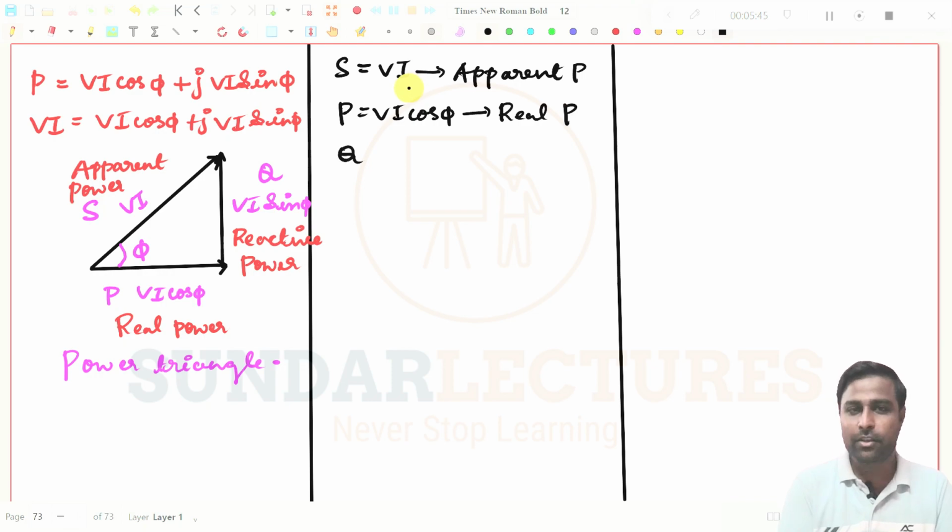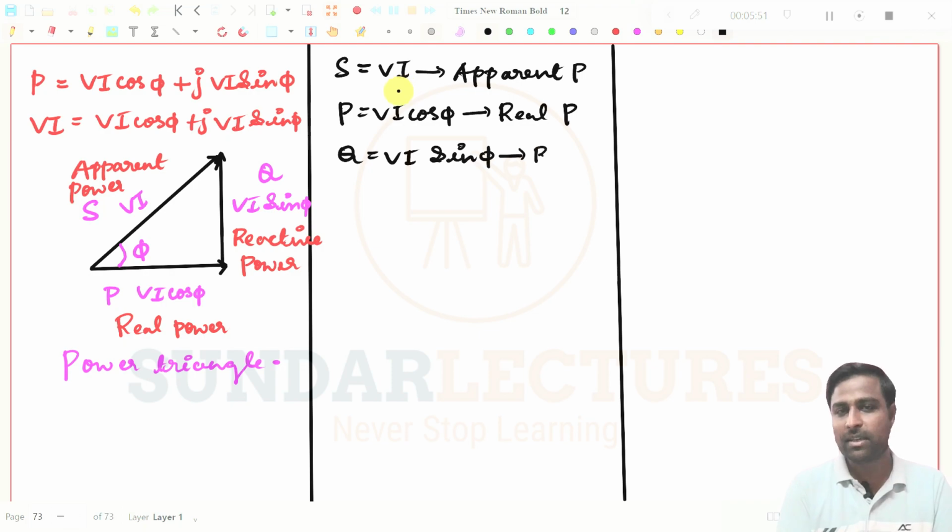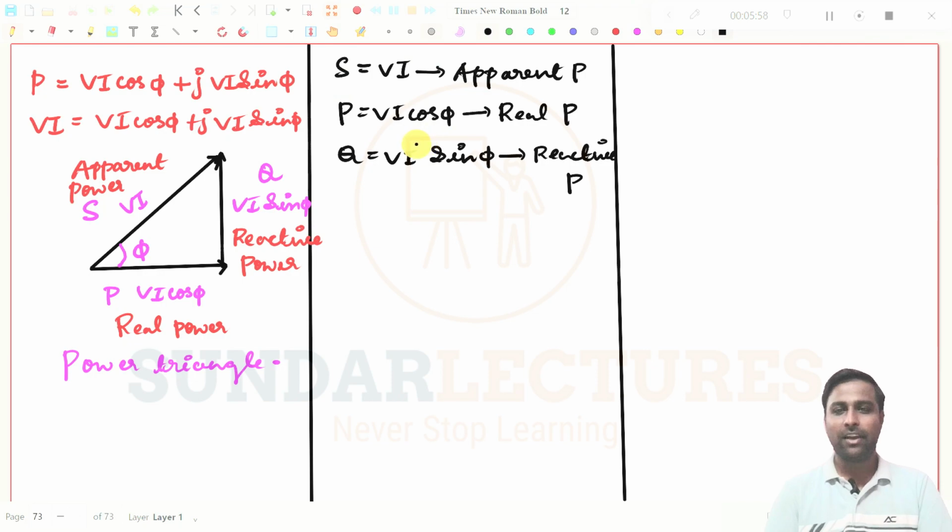And Q, which is equal to VI sin phi, is nothing but reactive power. So these formulas will be frequently used.